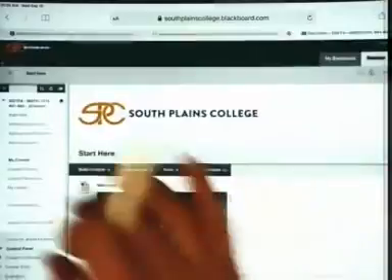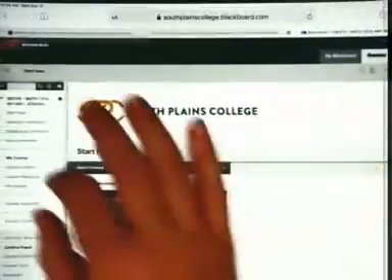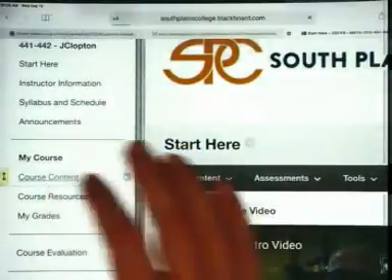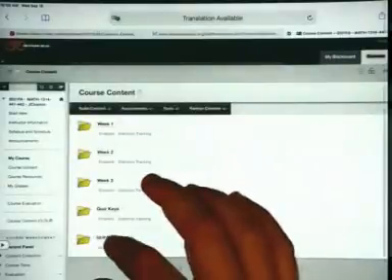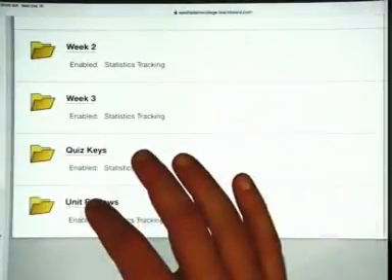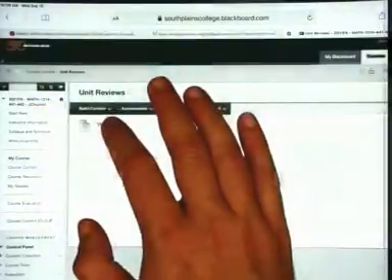Go to course content, then the folder down at the bottom called Unit Reviews. Then there's the Unit 1 review.